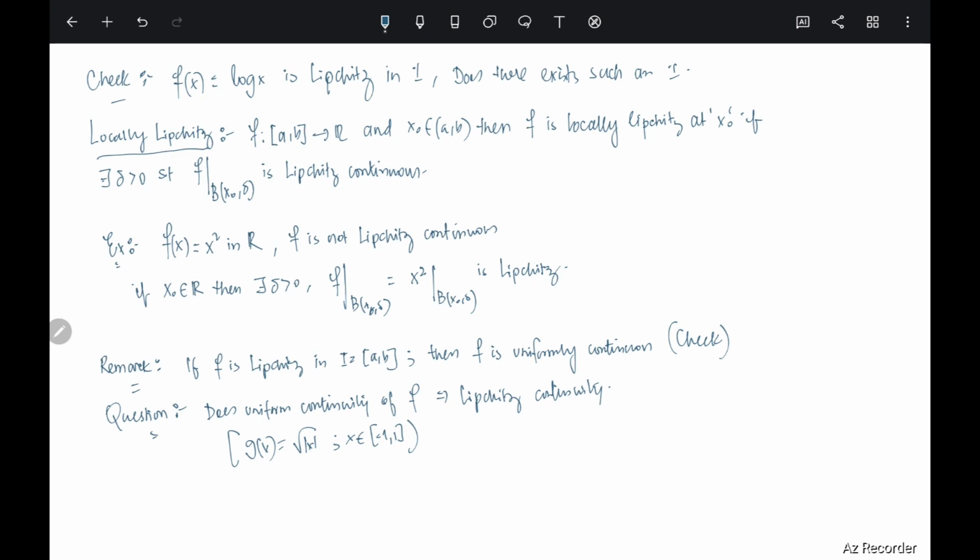There is another remark which I want to put here. Let's say f is continuous in a closed and bounded interval, or a bounded subset of R. That will actually imply that f is uniformly continuous in R. So that is there.